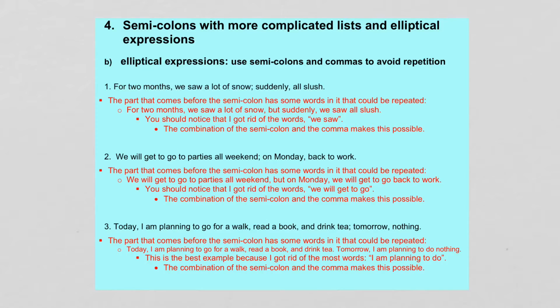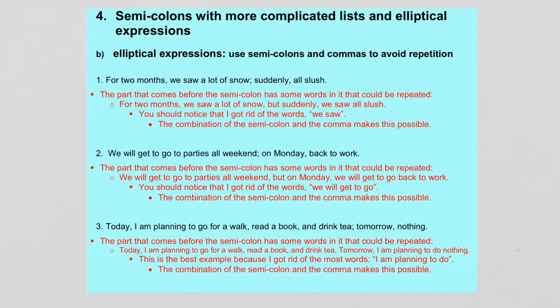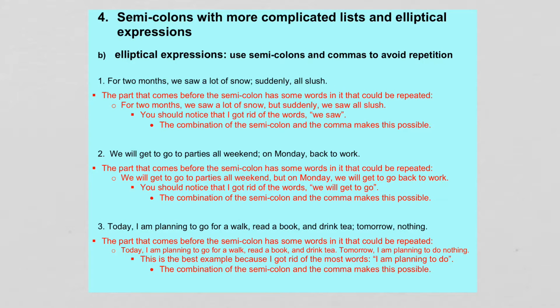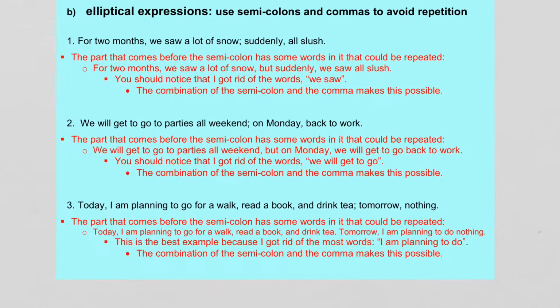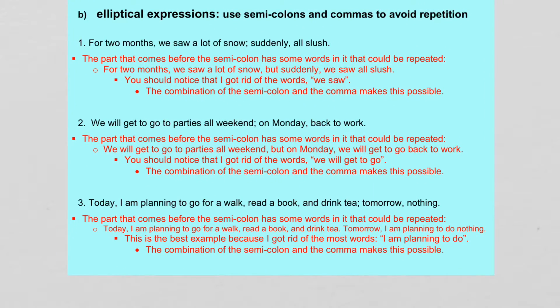All right. So, number 4, this is the last slide. We're talking about semicolons with more complicated lists and elliptical expressions, right? And so right now, I am talking about elliptical expressions. So when you have elliptical expressions, that means that you use semicolons and commas to avoid repetition.